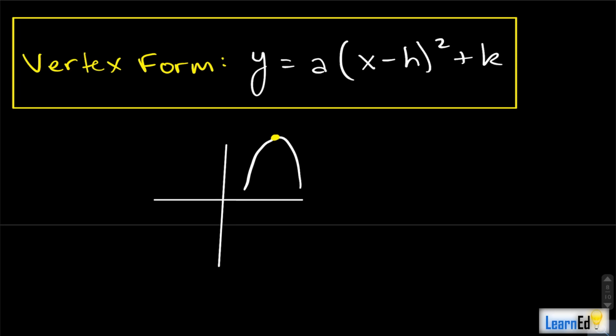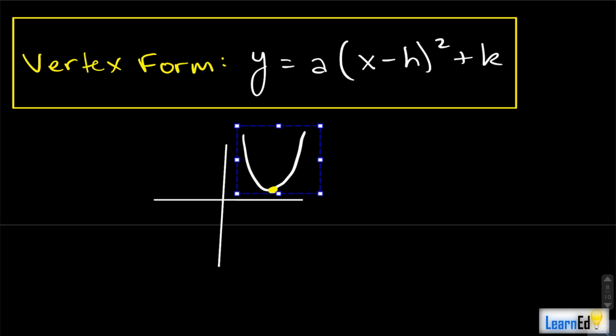You can see it as a peak a lot easier that way, but you get the gist here. That's the vertex, and this vertex we label as h comma k. That's where this h comes from and this k comes from, and that's why this is called vertex form.